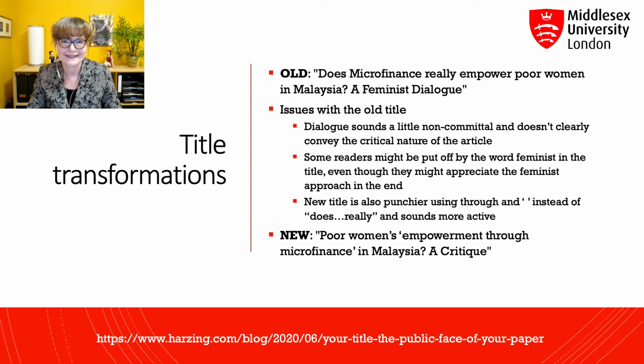She also thought that dialogue sounded a bit non-committal, as if there was no final resolution in the article, and it didn't really communicate that the article was really critical in nature. She also thought that the title could be shorter. So the new title she came up with, Poor Women's Empowerment Through Microfinance in Malaysia, a Critique, is shorter, more attractive.